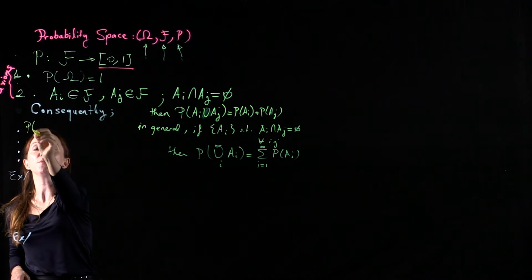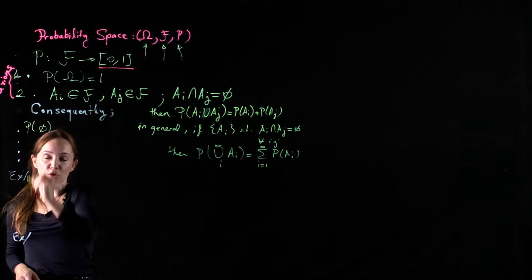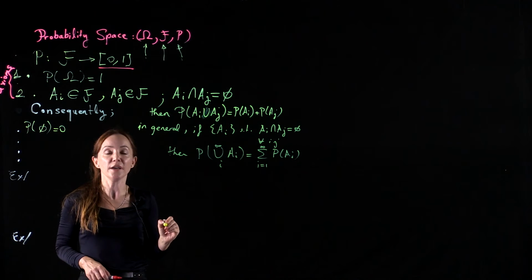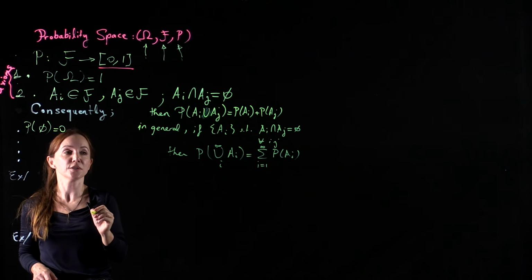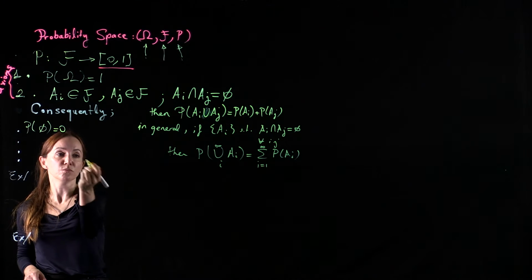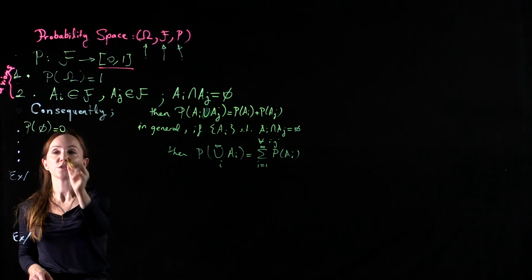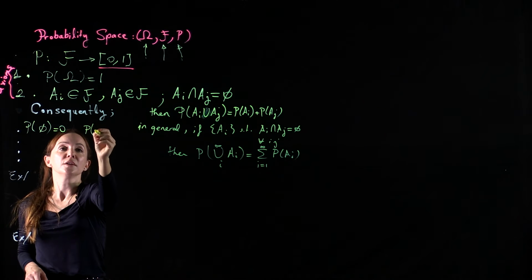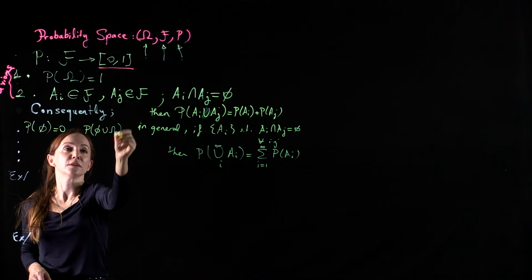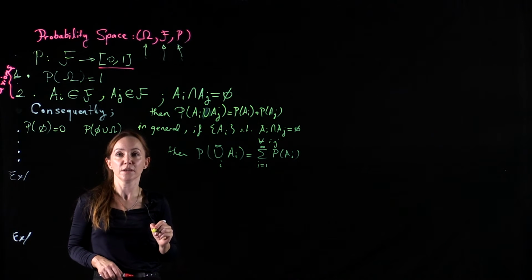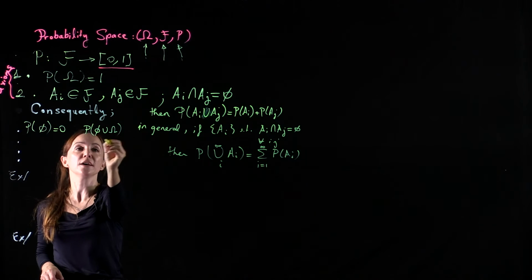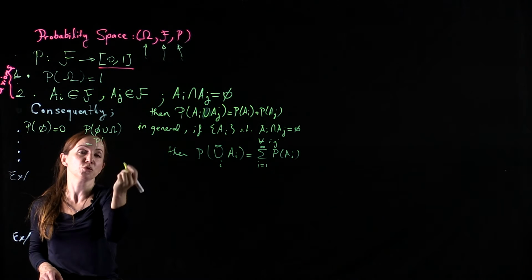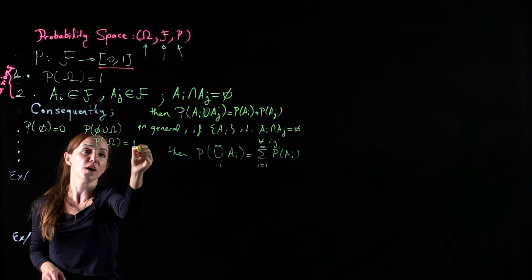For example, the probability of the empty set is 0. Why? Because the empty set is nothing but the empty set union omega, and the probability of empty set union omega is equal to, by definition, empty set union omega is omega, so that's 1.